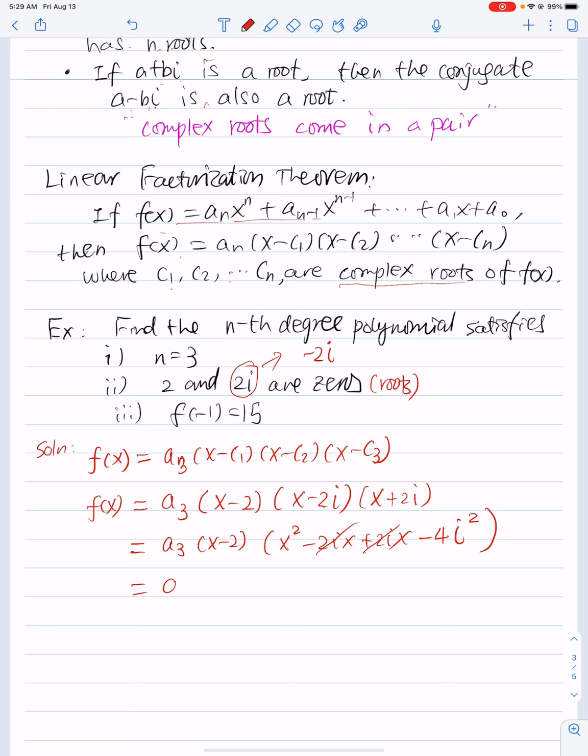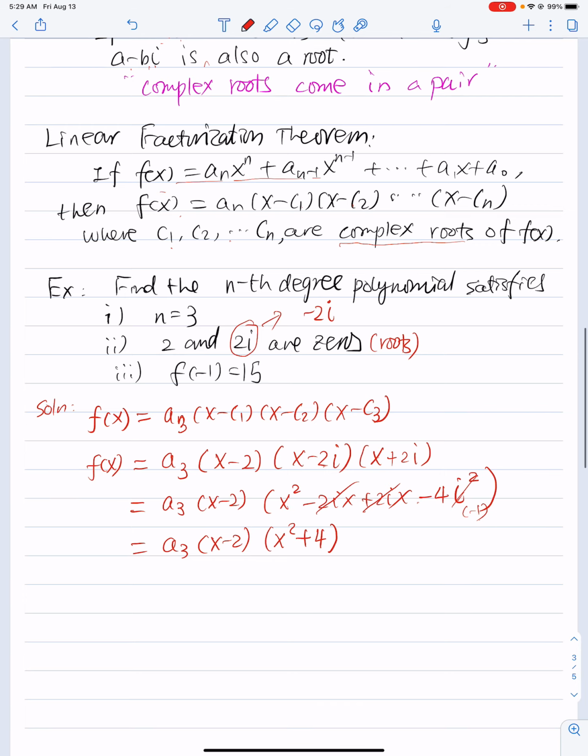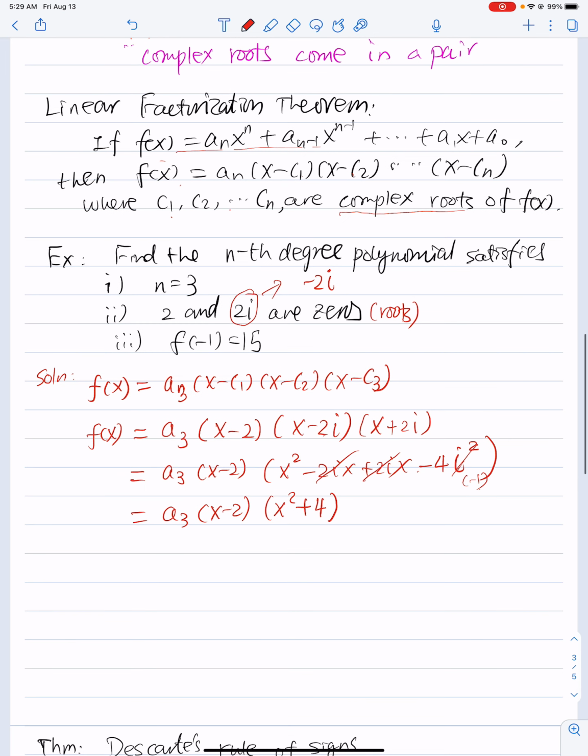So what do we have? a_3 (x - 2)(x squared... What is i squared again? Negative 1. So minus 4 times negative 1 is what? Plus 4. Okay, for the moment I will not FOIL this. I will first find a_3 and then multiply.